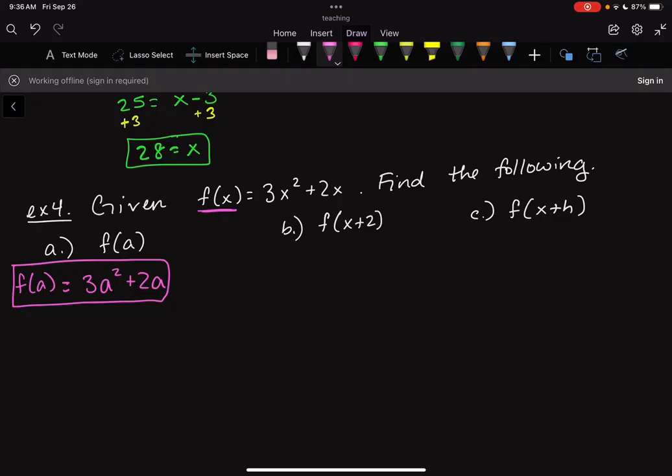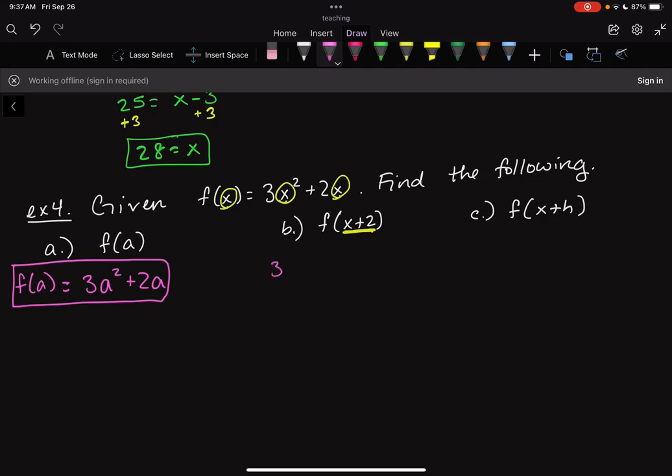Part B, now I'm replacing the entirety of x. Everywhere I see an x, I want to write x plus 2 instead. So for this one, I'll get 3, and we're going to have to utilize some parentheses here. So I have 3.